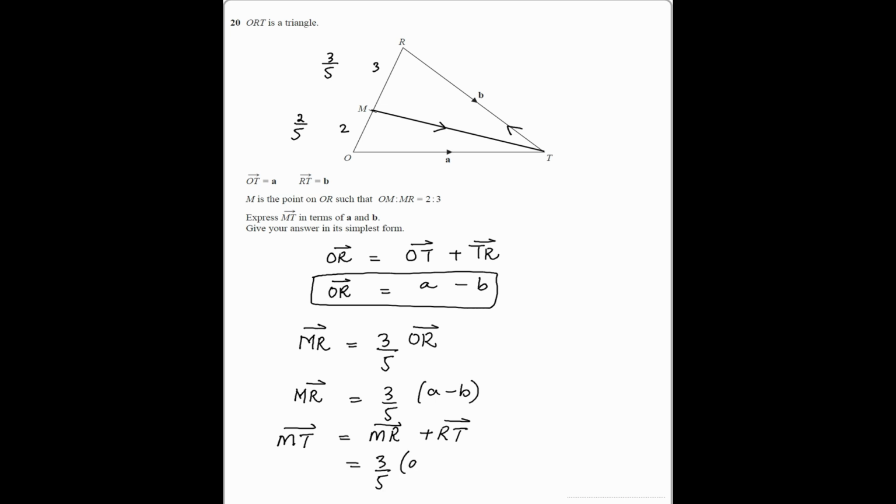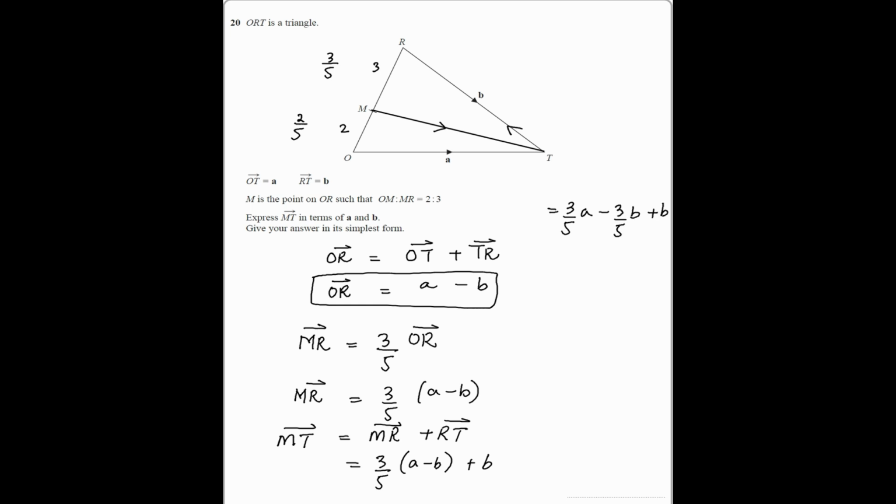It is 3 over 5 times (A minus B) plus RT. If you look at RT, it is plus B. So 3 over 5 (A minus B) plus B. We traveled from M to T, which is MR followed by RT, and then we have to add those two vectors. So to calculate it, we can rewrite it as 3 over 5 A minus 3 over 5 B plus B.